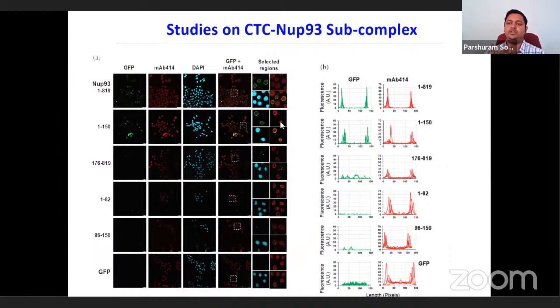That means that this 1 to 150 region was able to get into the nuclear pore complexes. And to our surprise, the 1 to 82 region, which interacts with CTC, was not able to get into this ring. That had some explanation, which we will talk about in the next slide, where we could see that this entire 1 to 150 region is essential for interaction with NPCs.